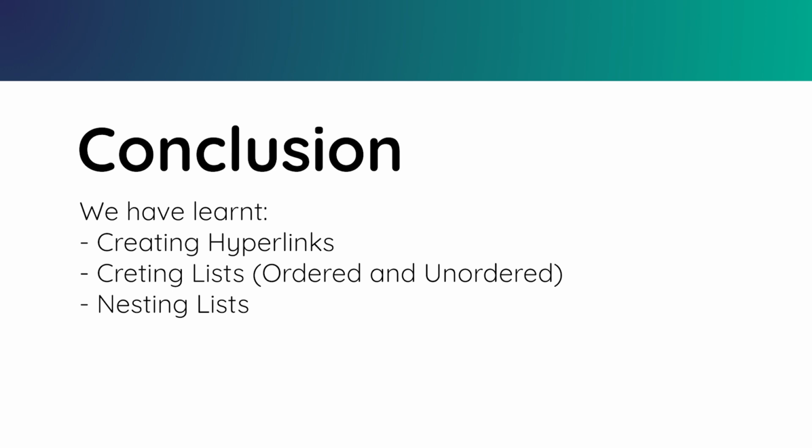Additionally, we looked at the importance of nesting lists for better organization. Understanding these basic yet powerful HTML elements will significantly enhance your web development skills, allowing you to create more interactive and structured web pages. In our next video, we'll dive deeper into forms and how to collect user input effectively.